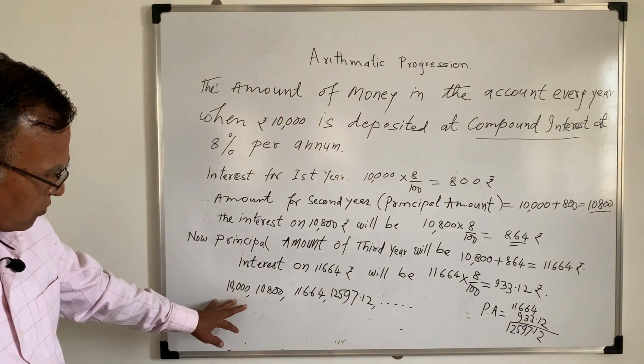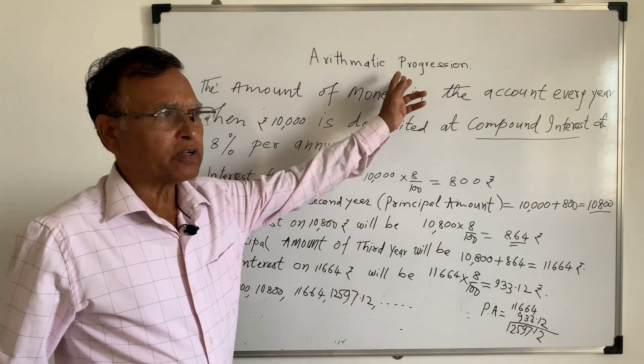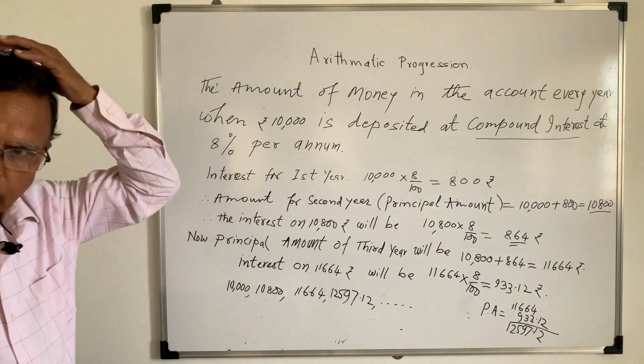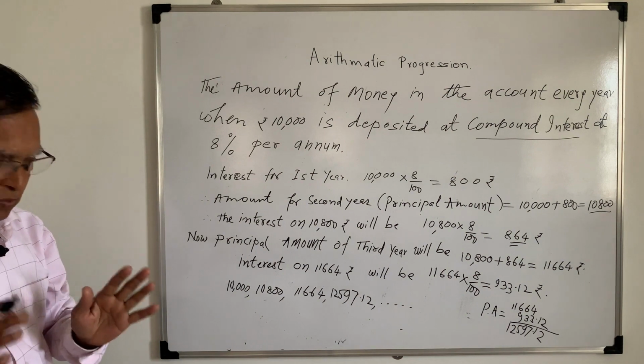Now, as per the definition of arithmetic progression, there should be a common difference between two consecutive terms.